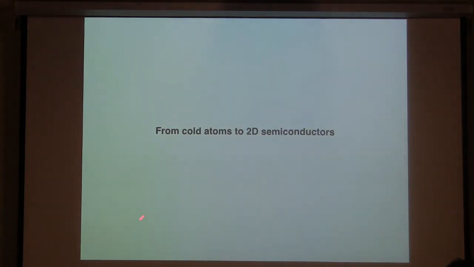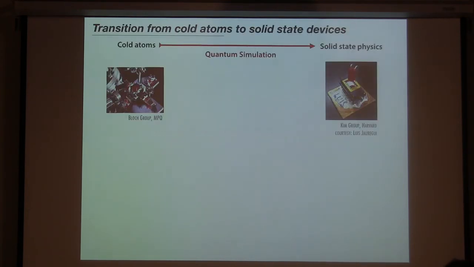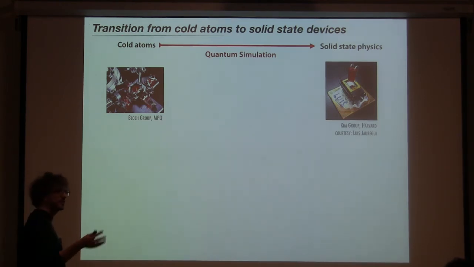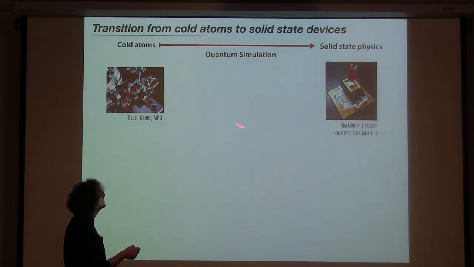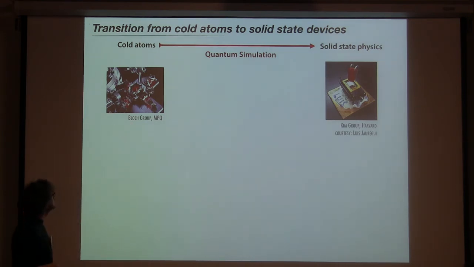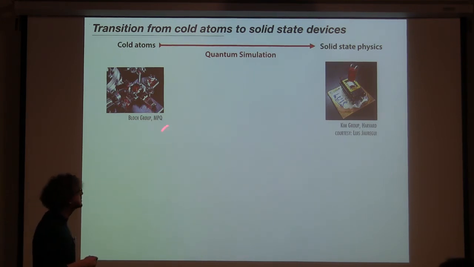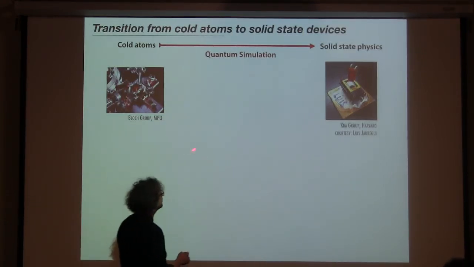So the question is, can you actually transfer this knowledge to semiconductor devices? The idea is, of course, often mentioned in cold atoms, that you want to do something like quantum simulation with cold atoms, design a Hamiltonian, and then realize this also in nature in a different system. And the question is, can we, instead of having a complicated setup in cold atoms, find materials where we can get the same effect and maybe detect them.